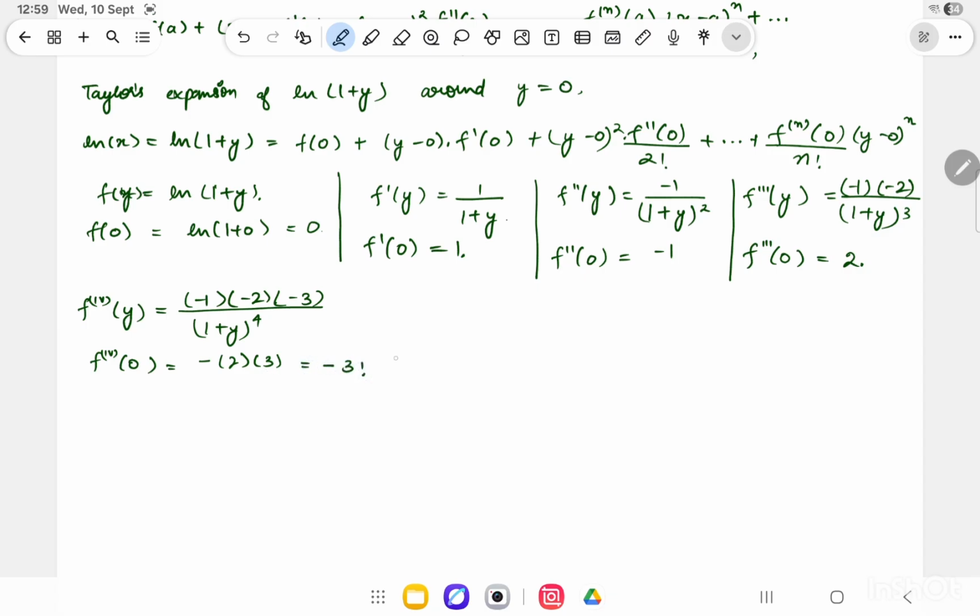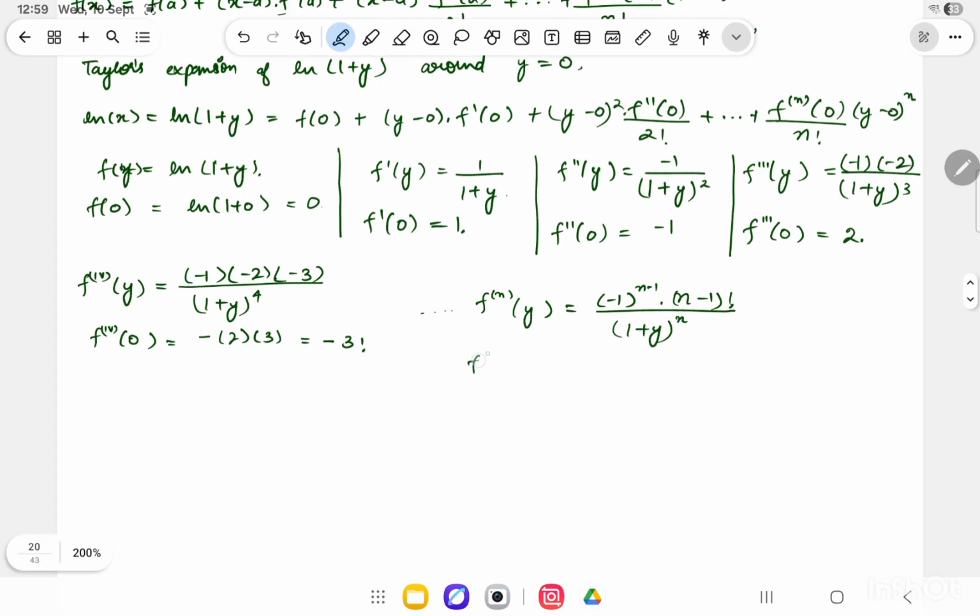If you observe, it follows a pattern, so using that pattern we can say that the nth derivative of f will be (minus 1) raised to n minus 1 into (n minus 1) factorial divided by (1 plus y) raised to n, and its value at y equals 0 will be (minus 1) raised to n minus 1 into (n minus 1) factorial.